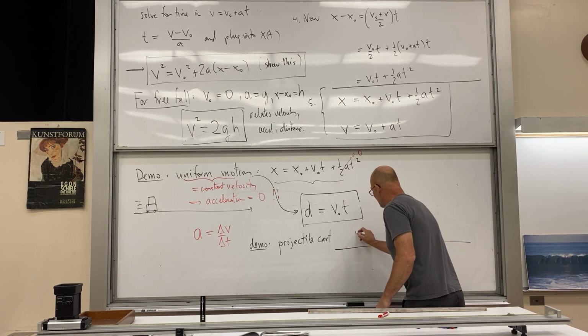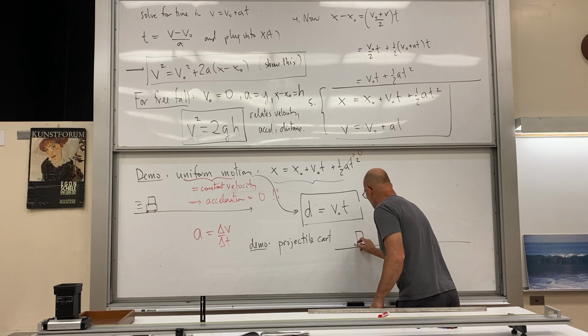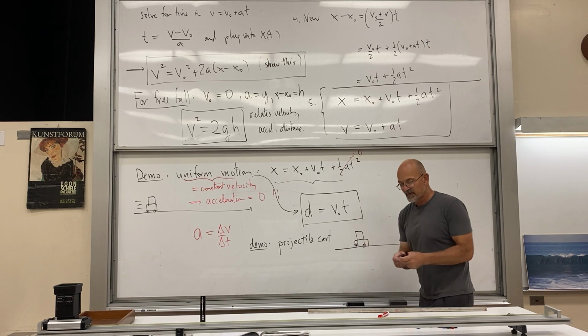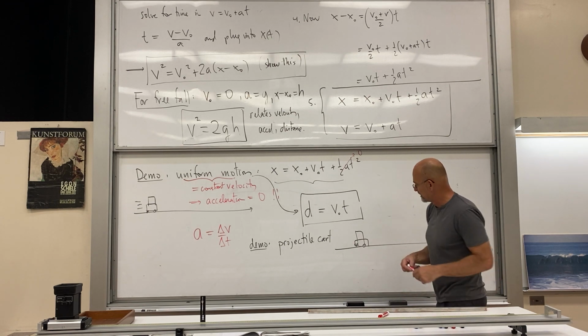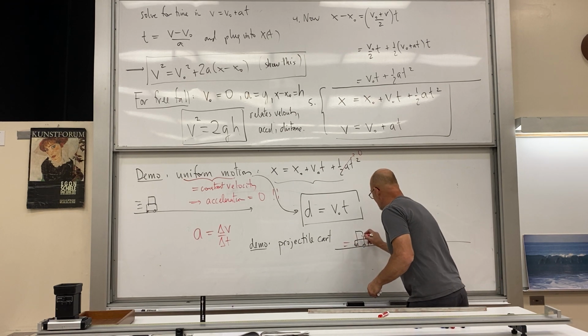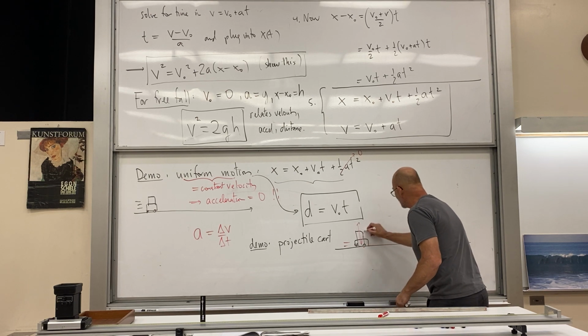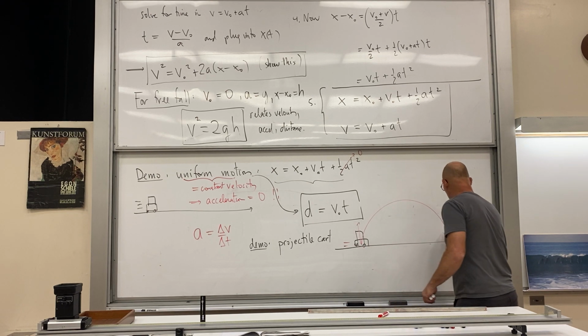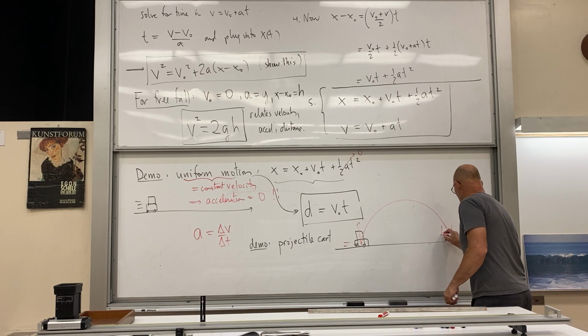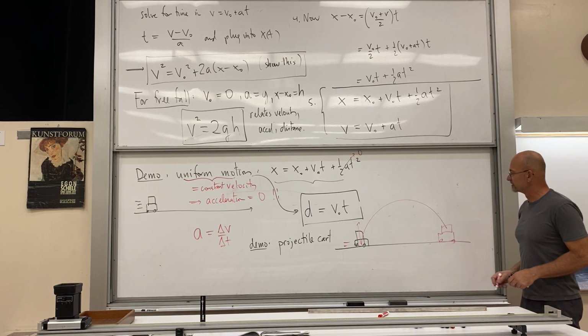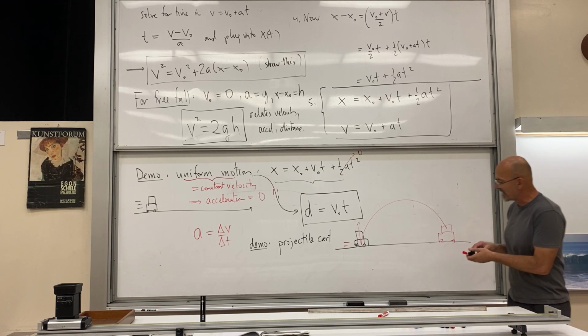So yeah, you want a nice picture in your notes of the projectile cart here, which kicks the ball up. I've got another color. It kicks the ball up vertically, but because the cart moves over, it just caught the ball down the road, so to speak. Okay, so that's called the projectile cart.